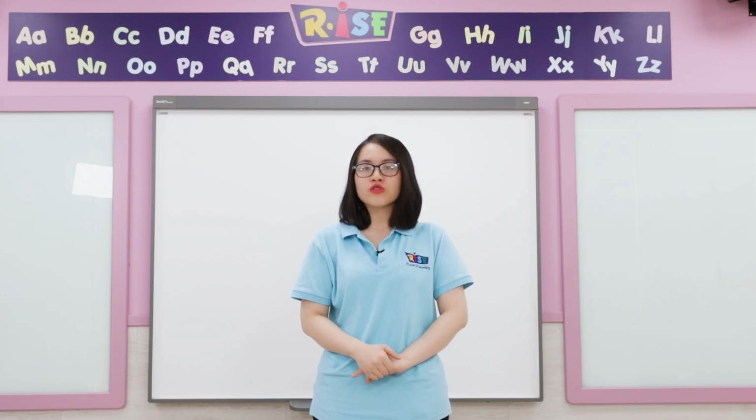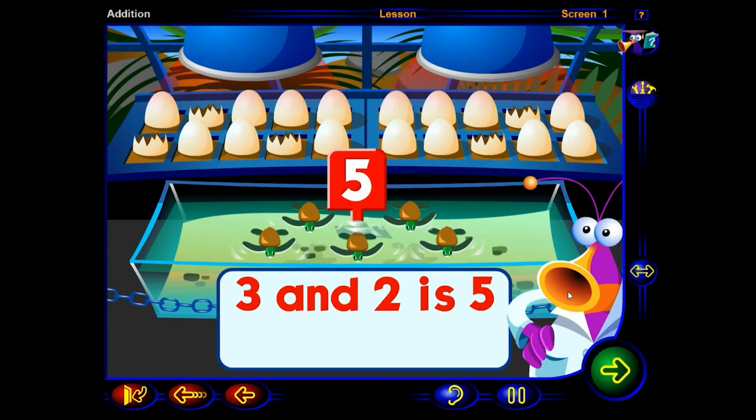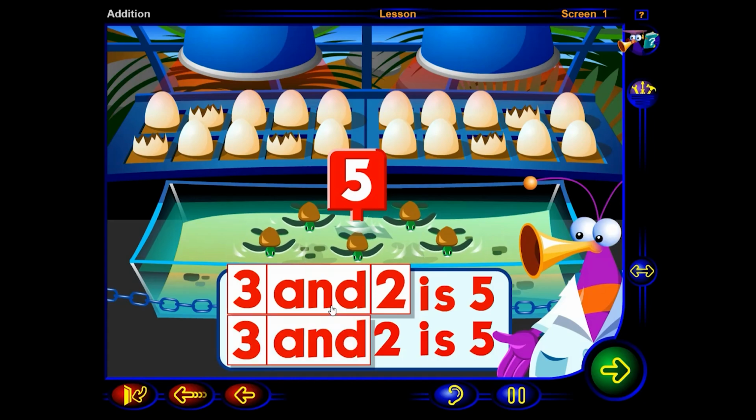Now, Professor will show you how to read an addition. Click on the word and. 3 and 2 more can be written as 3 plus 2. This sign shows that we are adding these two numbers.